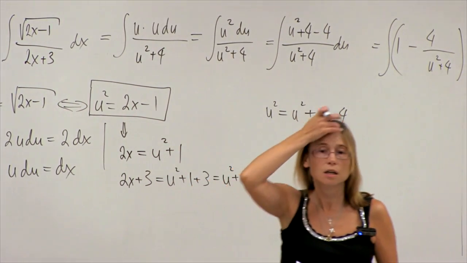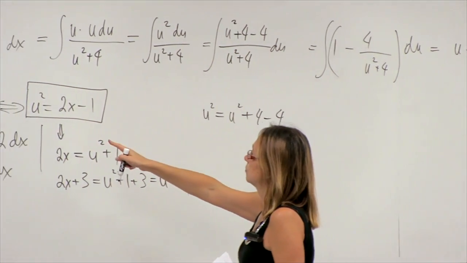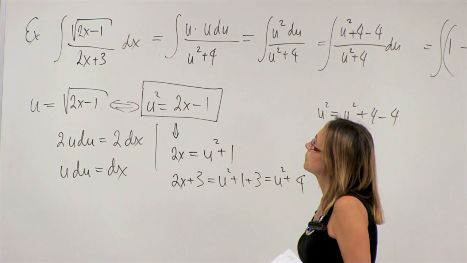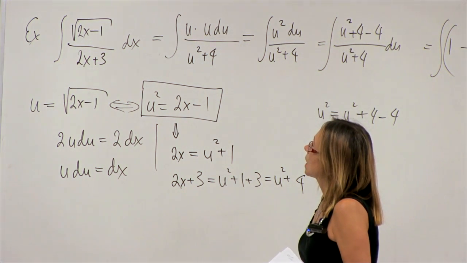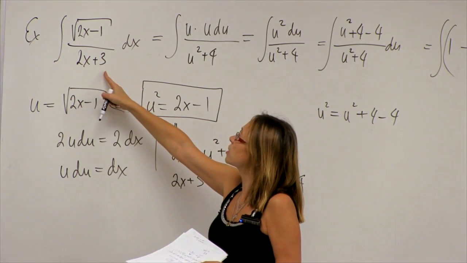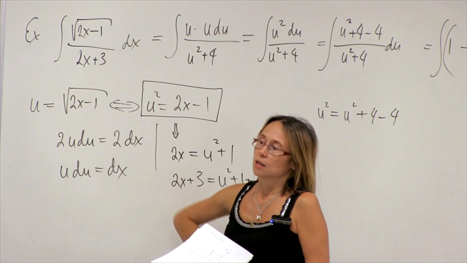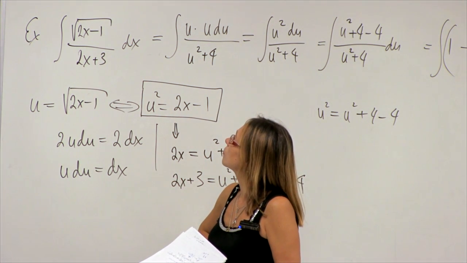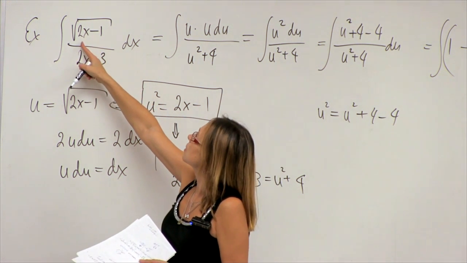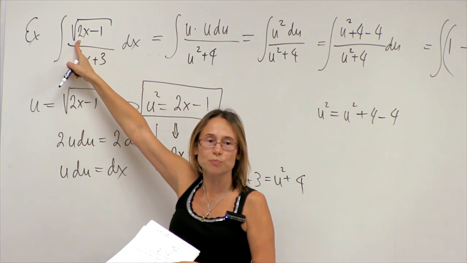Small one. So I do see that in these situations, using u as the square root of 2x minus 1 does make a lot of sense. How do we know when to use that versus u equals 2x plus 1? Well, if you say that u is equal to 2x plus 3 or 2x plus 1? 2x plus 1. Let's do minus 1. Sorry. So you will have a square root in this integral after the substitution.